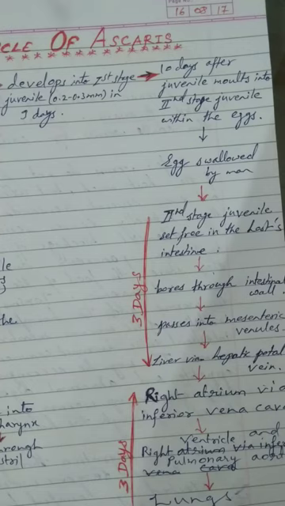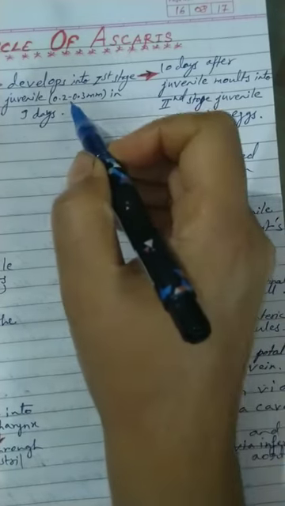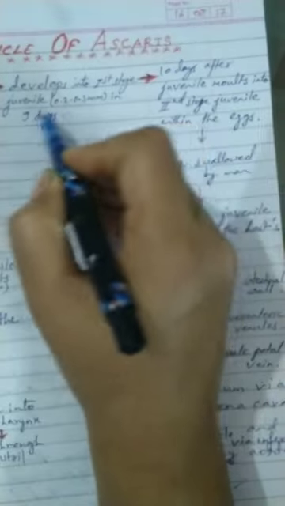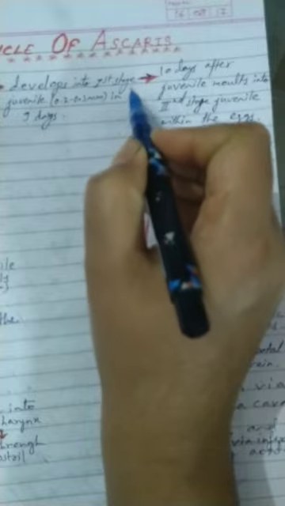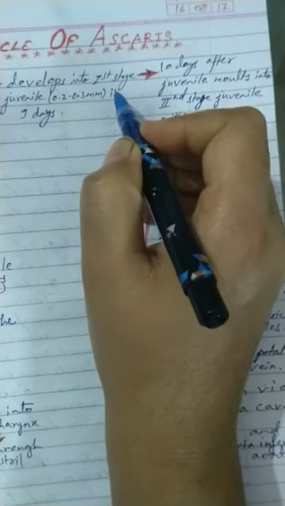The first stage juvenile continues to grow for another 10 days, then molts into second stage larva. This is the first stage juvenile which takes place in 9 days. It requires 9 days to molt.